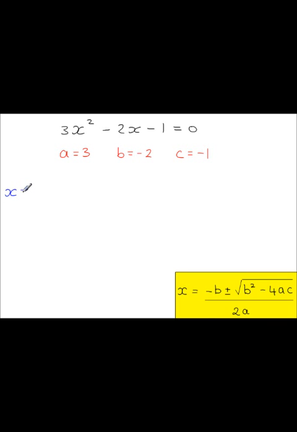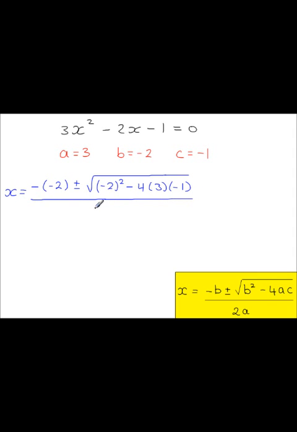So x is equal to minus b, use brackets, plus or minus the square root of b squared minus 4 times a times c, all over 2a.